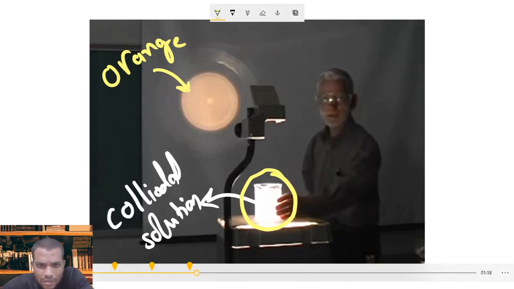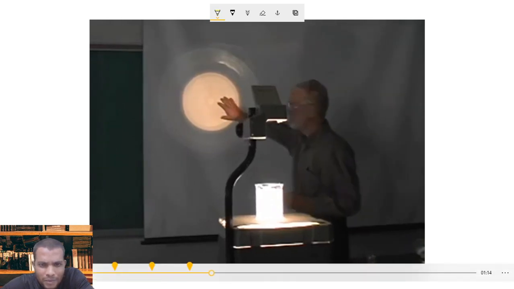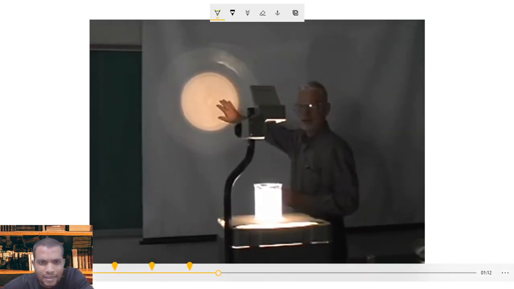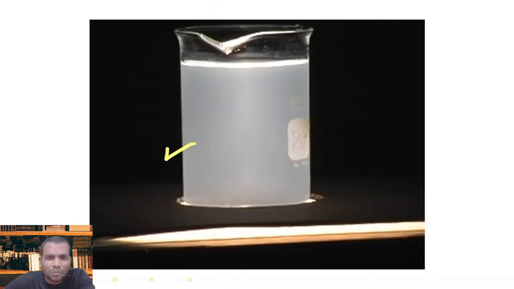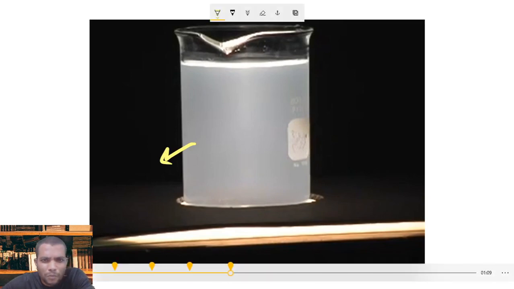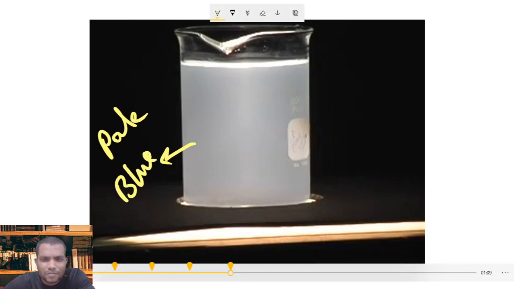If we observe it close up, the mixture of water here has turned to a pale blue. It is turned to blue in color. Why?